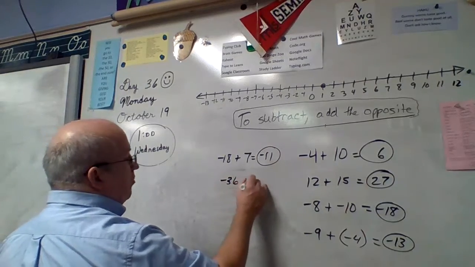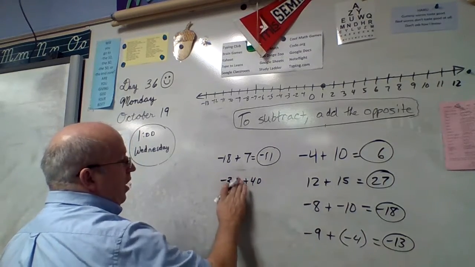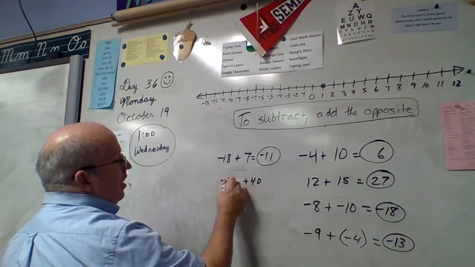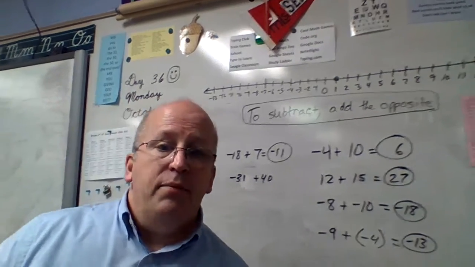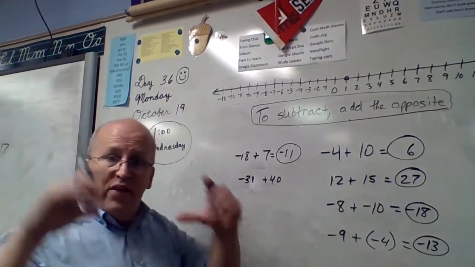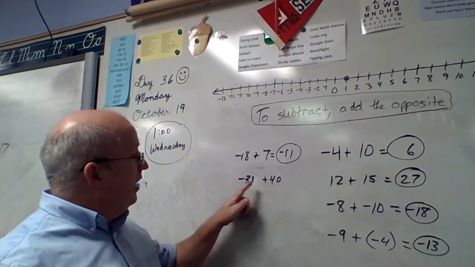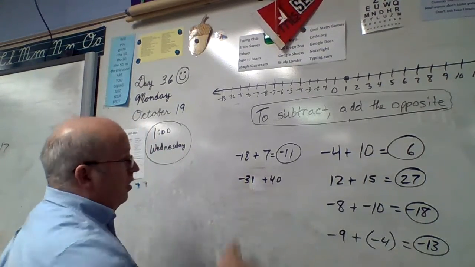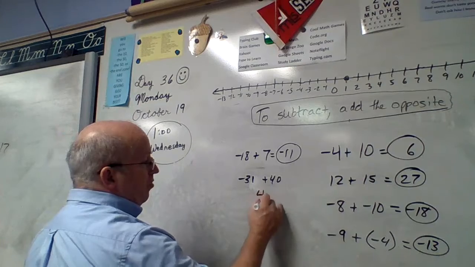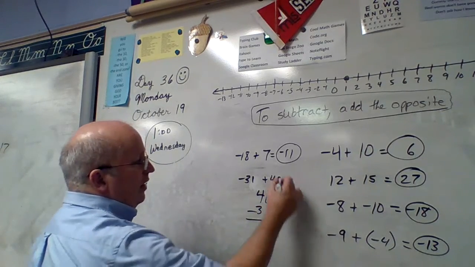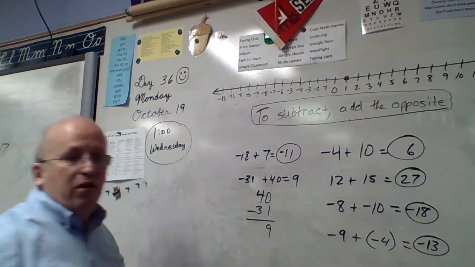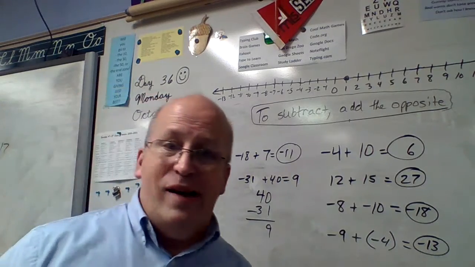How about something like number 6? They have -36 plus a positive 40. I'm going to change this to -31 plus a positive 40. Again, this is that third rule on that sheet I gave you because I'm adding a negative to a positive. So I'm going to think about their absolute values. I'm going to subtract them, and when I do that, I get 9. And now I got to ask myself, is it positive 9 or negative 9?